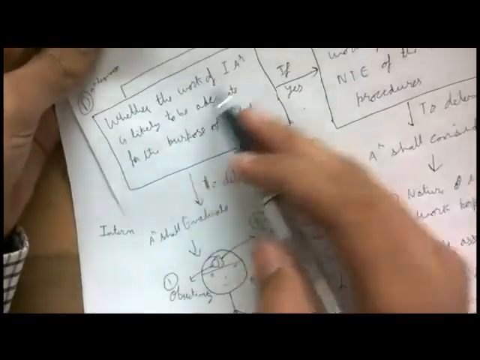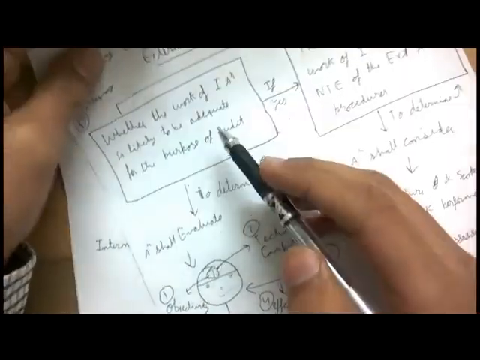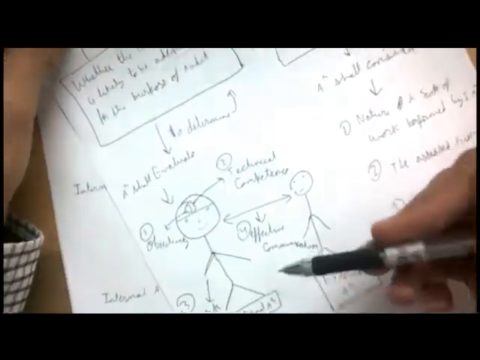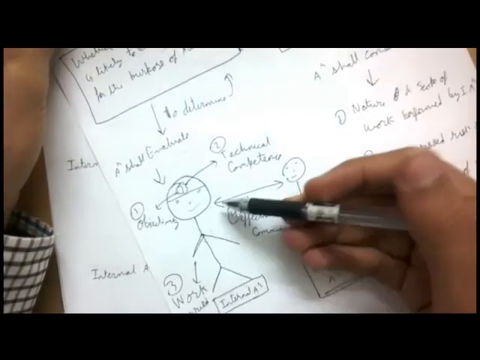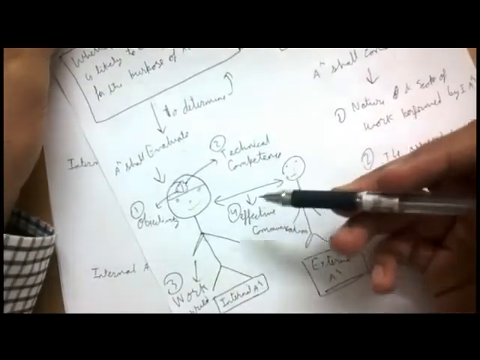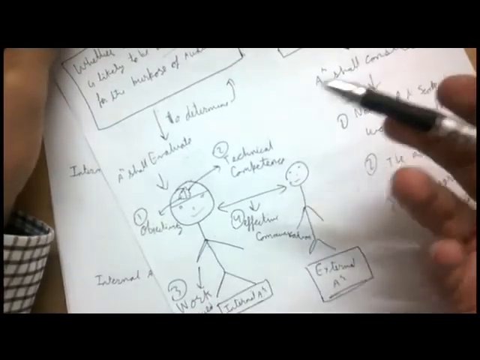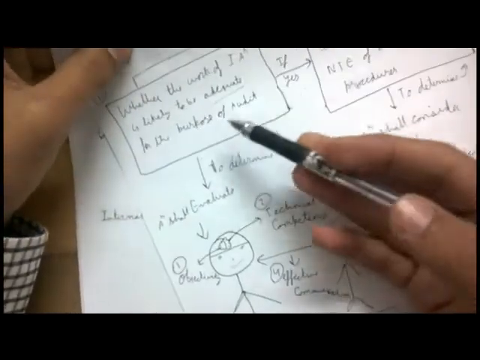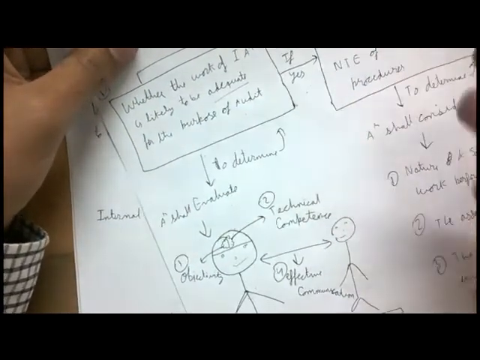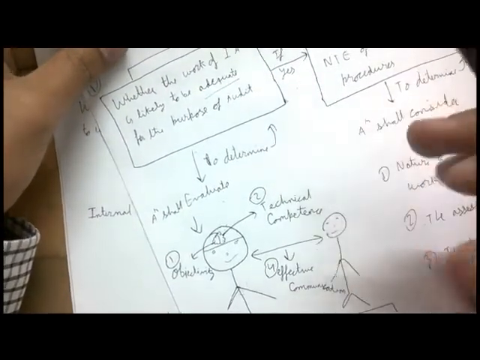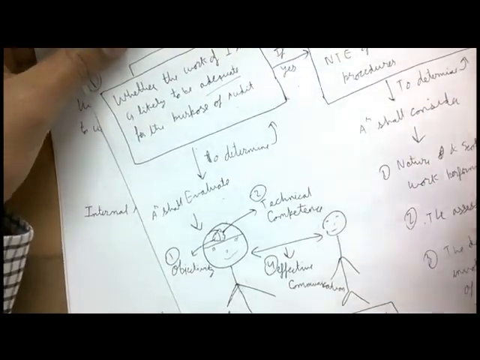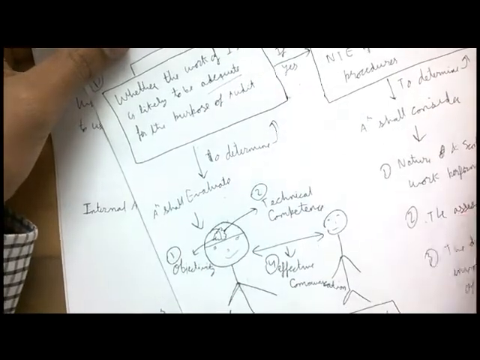The external auditor shall document conclusions regarding the evaluation of adequacy of the work. He would have reached some conclusion, say, whether the work of the internal auditor is likely to be adequate or not. He examined the objectivity, evaluated technical competence, and if the result was favorable, he would have concluded that the work is adequate. So he should document the conclusions regarding this evaluation of adequacy.